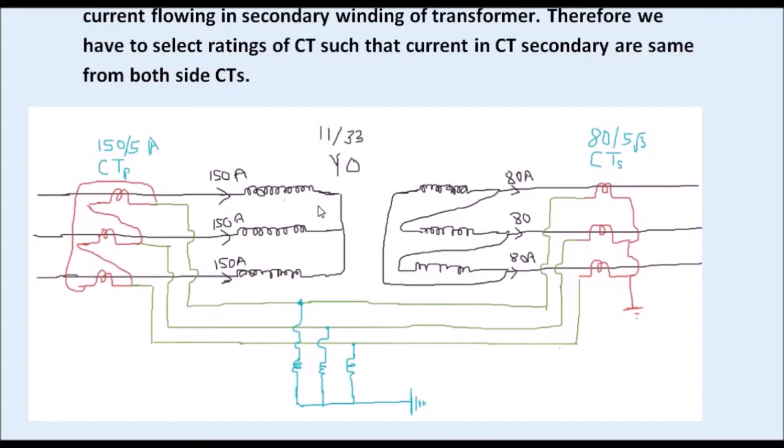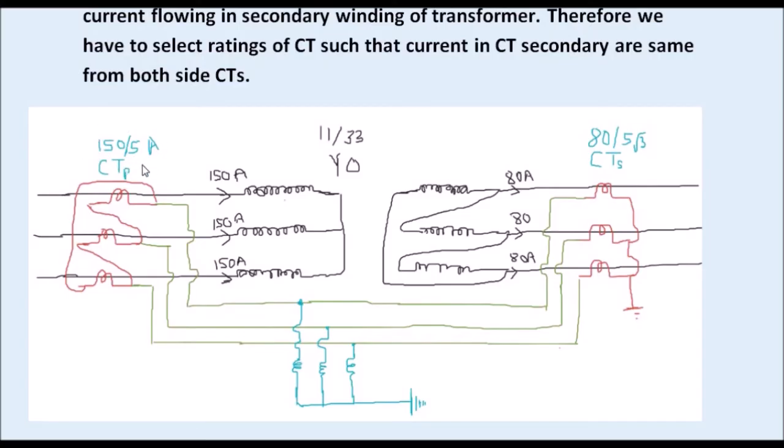So to compensate that phase shift, we have to choose the CT connections opposite to that of transformer connection. That is, here the primary side of transformer is star connected, so we have to choose the delta connection of CTs on the primary side. Here the secondary side of transformer is delta connected, so we have to choose star connection of CTs on the secondary side.